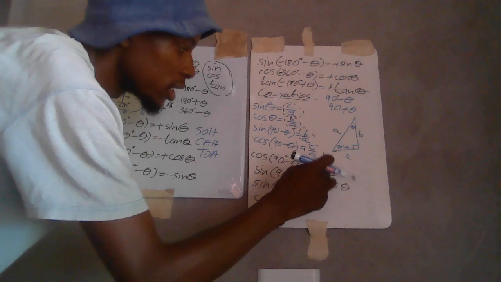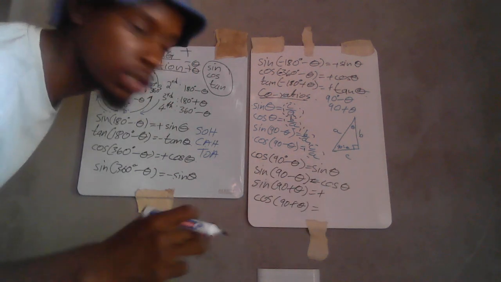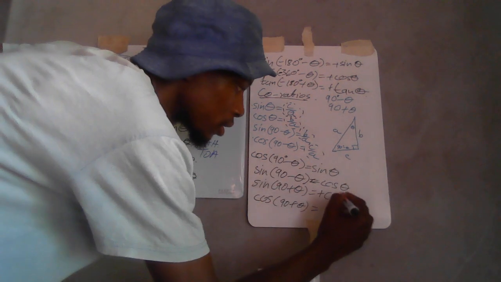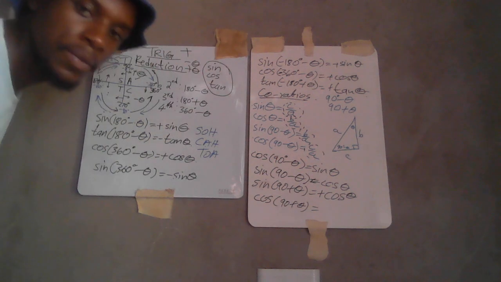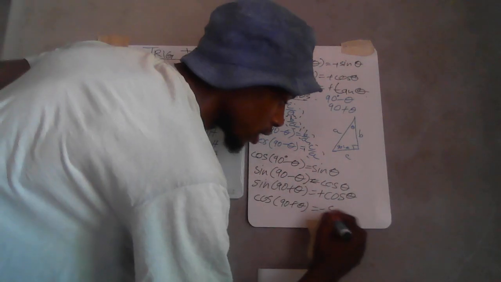Positive. So we're getting positive co-ratio, which is positive cos theta. What about cos 90 plus theta, second quadrant? Is cos positive? No, cos is negative. So we're getting negative sine theta. So this is how we do the trig ratios.